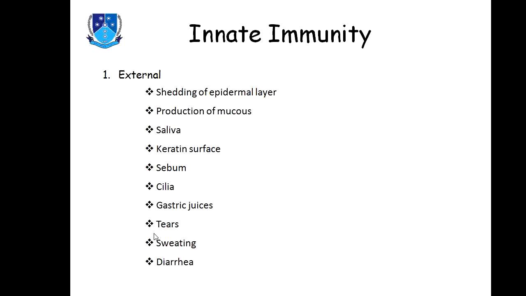Innate immunity has two major types. Number one, external innate immunity, and number two, internal innate immunity. The external innate immunity generally refers to the immunity which is inborn and which is provided by the skin, by the alimentary canal, by the respiratory system, by the urinary system, or any epithelial layer of the body.